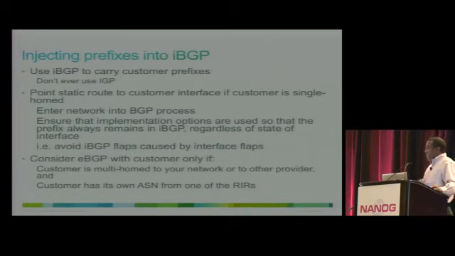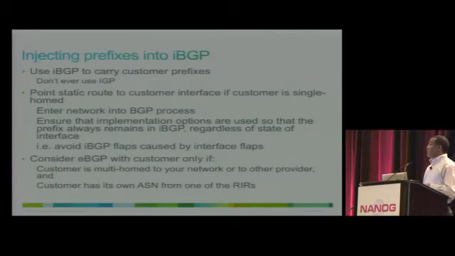The other scenario is if the customer is peering not just with you, but with other service providers, and if it has its own address space, it's important to exchange those routes as well. In that case, those prefixes are assigned directly to that customer.